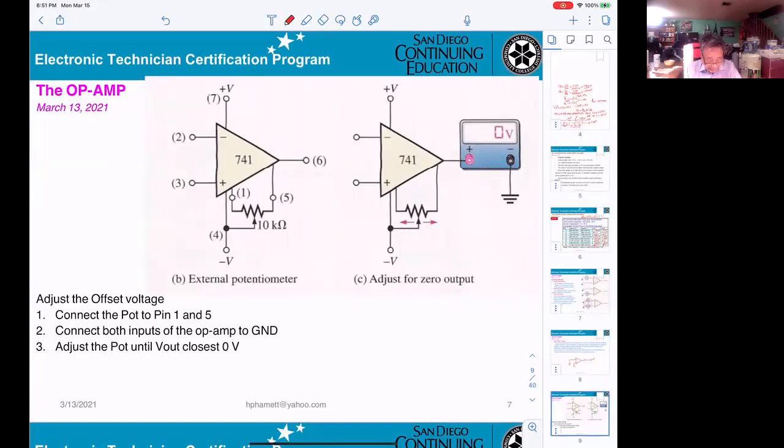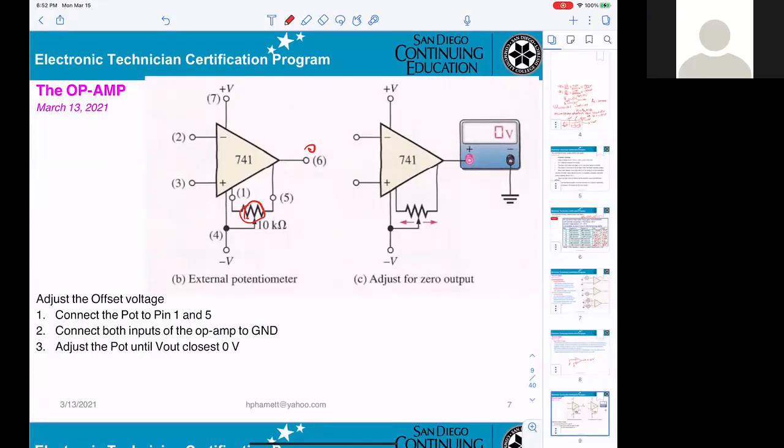You can adjust this pot to guarantee you get 0 volt at the output. That is to adjust the offset voltage. Normally, when you're working, sometimes you can see a variable resistor connected to pin number 1 and pin number 5.